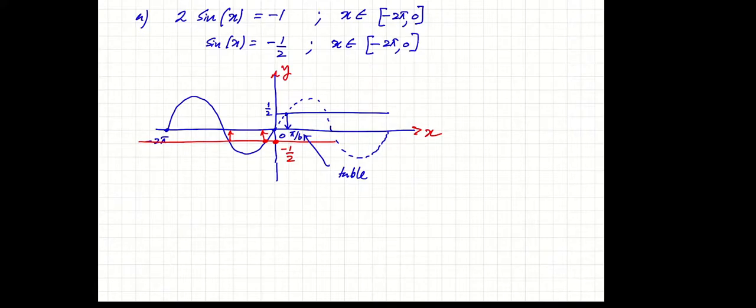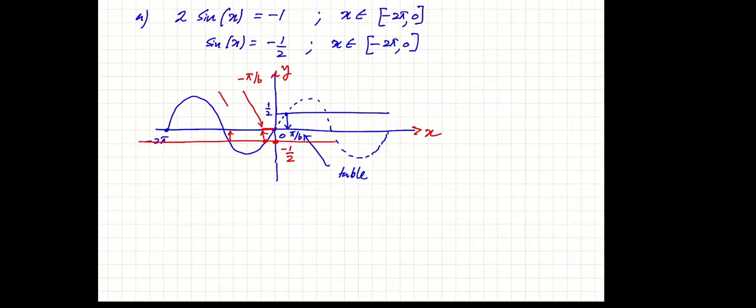And then the first answer for this -half would be -pi divided by 6. So you understand this distance is pi divided by 6.